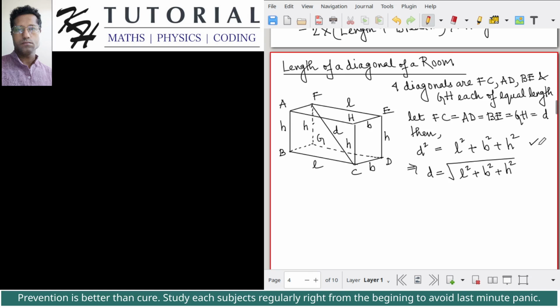Okay, now please see the figure. FC is a diagonal.